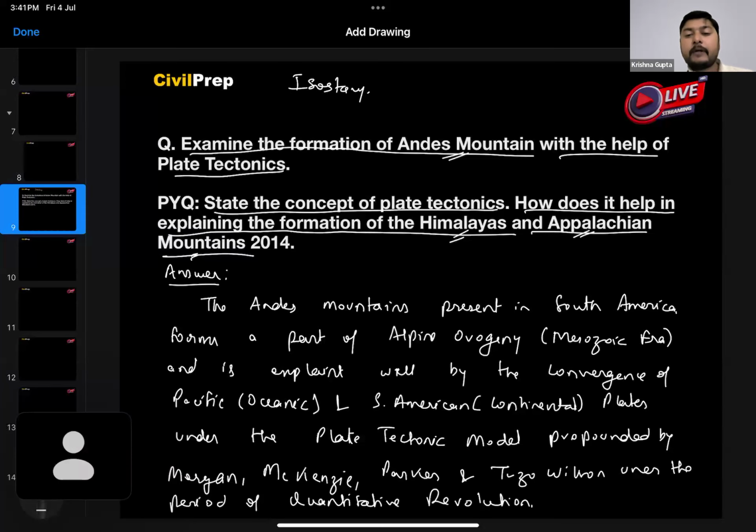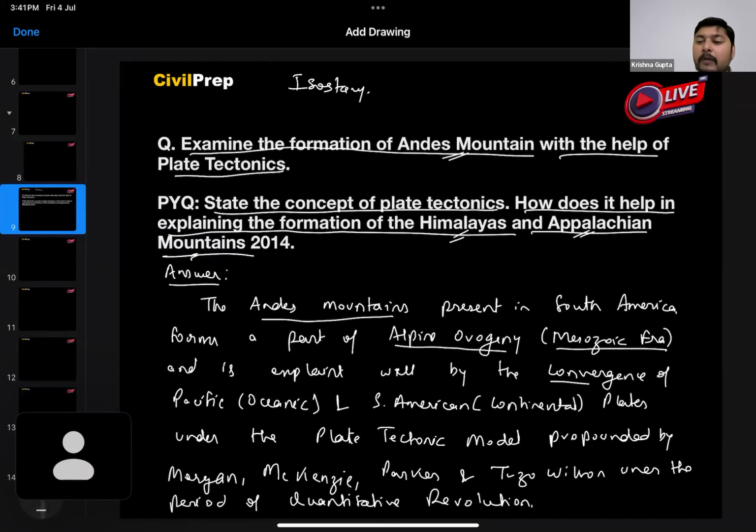Now, when we look at this introduction here, it gives us a very good summary of what we'll be writing further. In this question, we are talking about the Andes Mountain. We are talking about the Alpine orogeny, which took place in Mesozoic era.